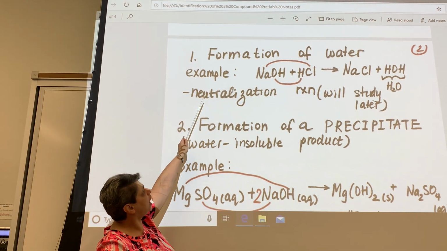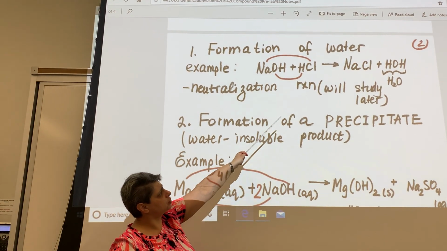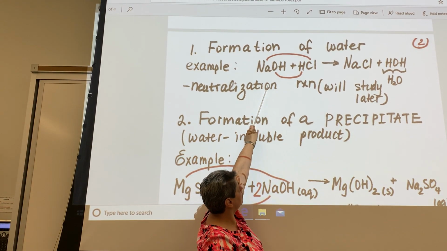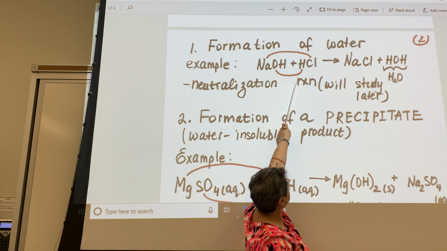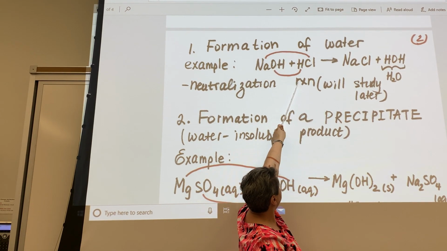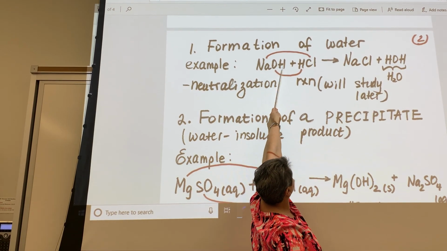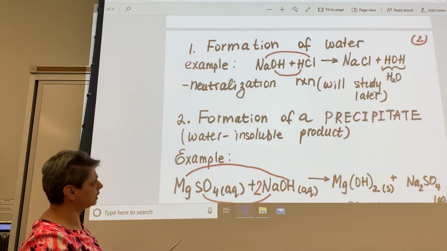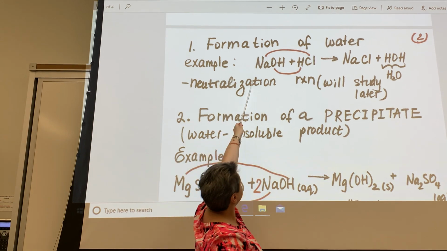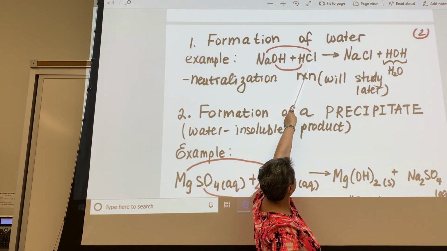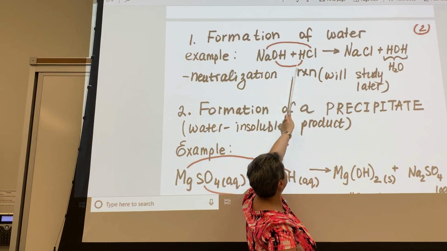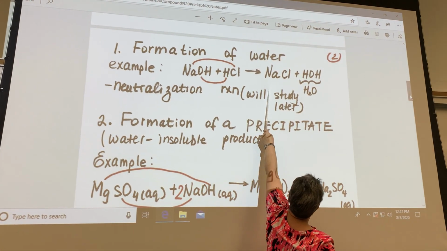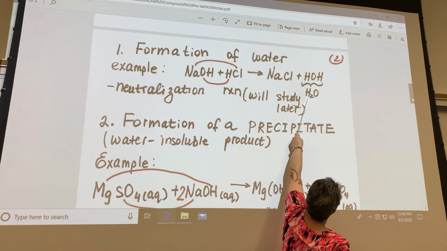It's a reaction between an acid and a base that produces salt and water. I used sodium hydroxide as an example of a strong base, and hydrochloric acid as an example of a strong acid. These red lines up there and down here show how ions basically switch partners. So sodium is going to be now paired up with chloride for the product, and hydrogen is going to be paired with hydroxide. And so the products will be sodium chloride, aqueous, and water.